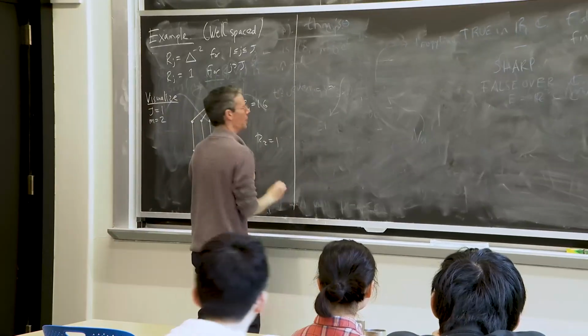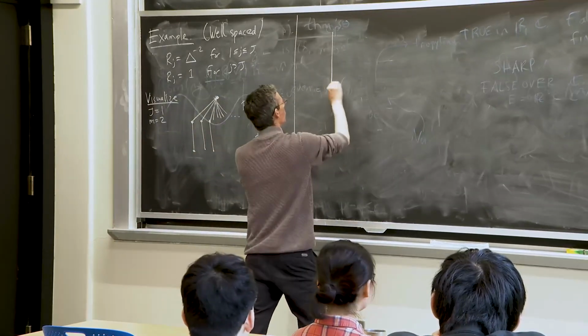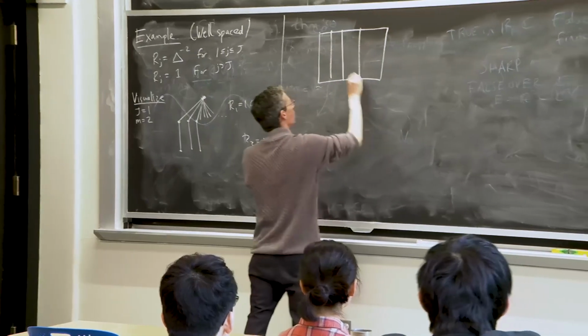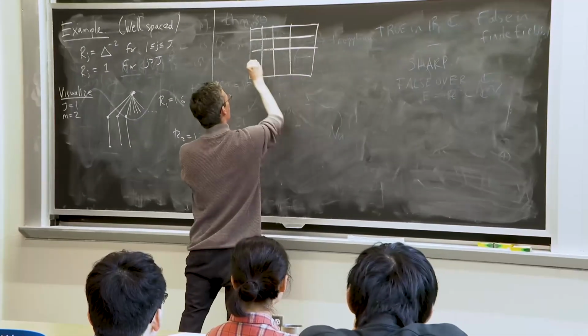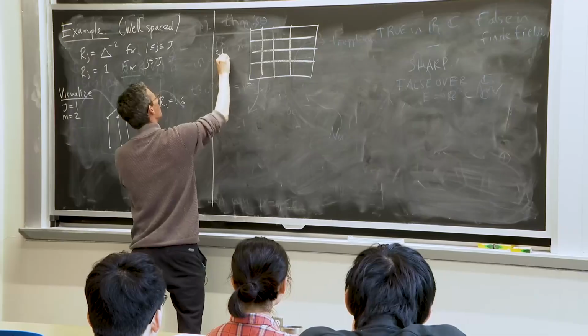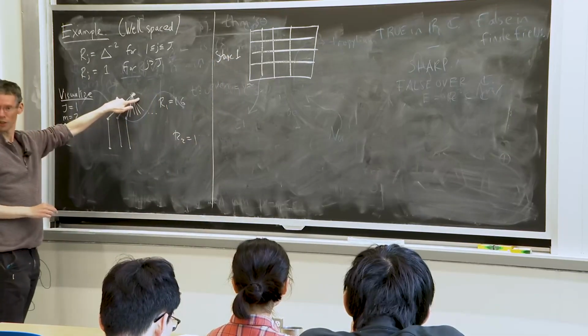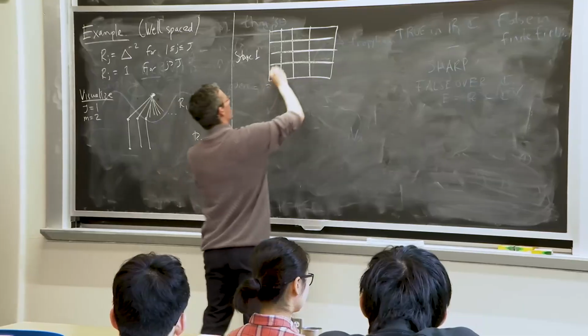OK, what does it mean our set looks like in space? Well, first, stage 1, I take my square, and I break it into 16 squares of side length 1/4. And at stage 1, I select all 16 of them. So the picture looks like this.